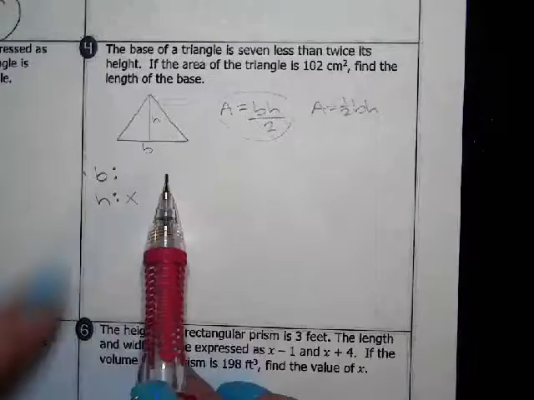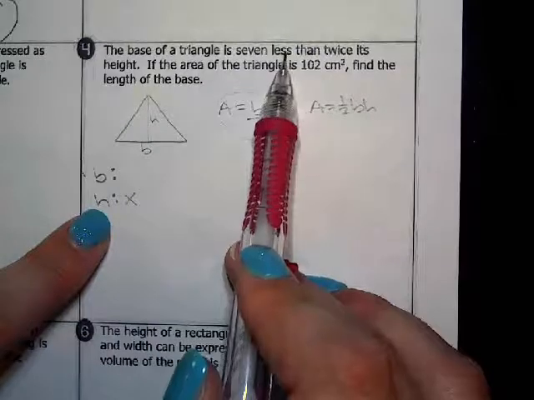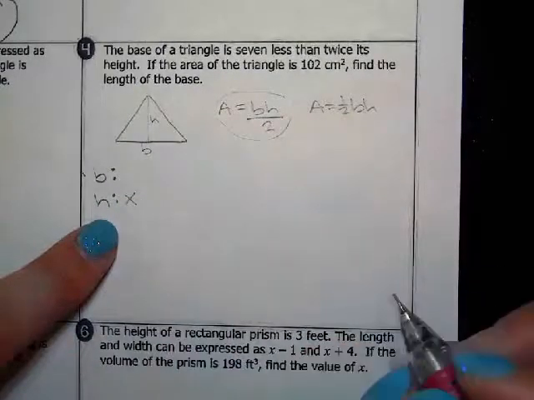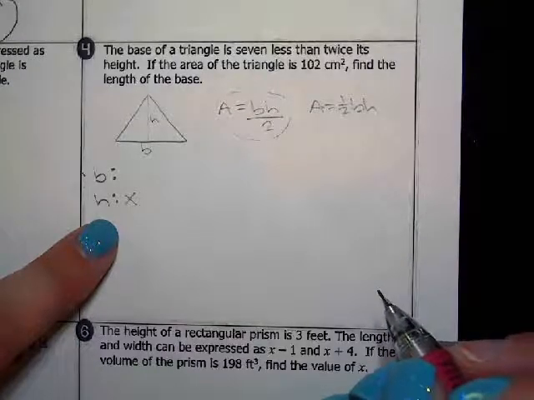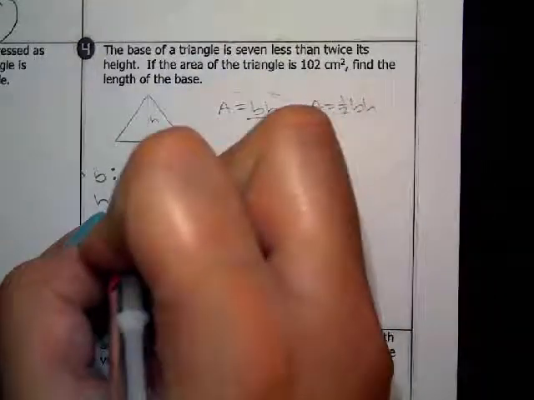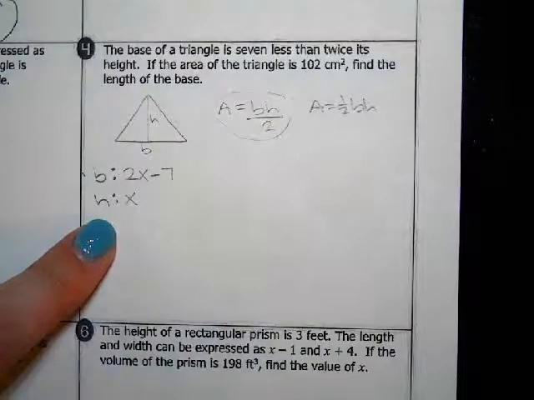And now it says the base of the triangle is 7 less than twice the height. So how do we write 7 less than twice the height? Is it x squared or is it 2x? 2x minus 7. Okay, so twice the height is 2 times the height.